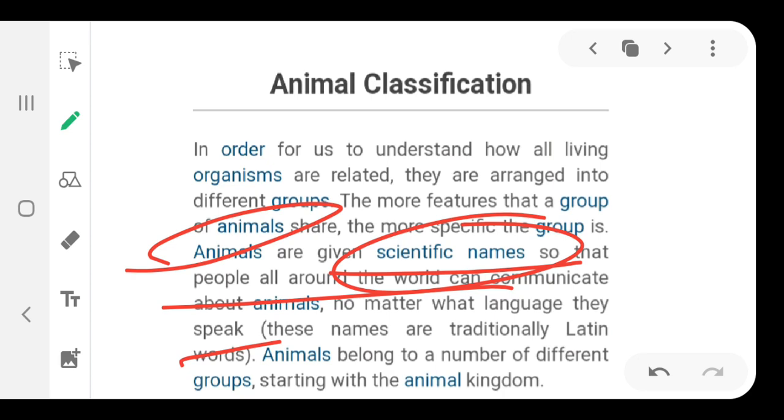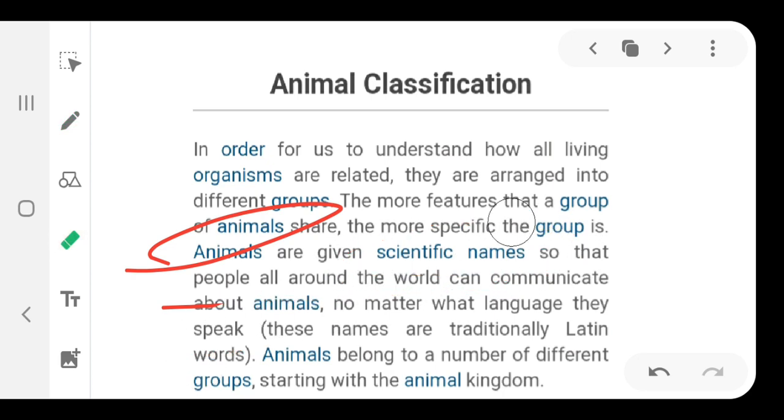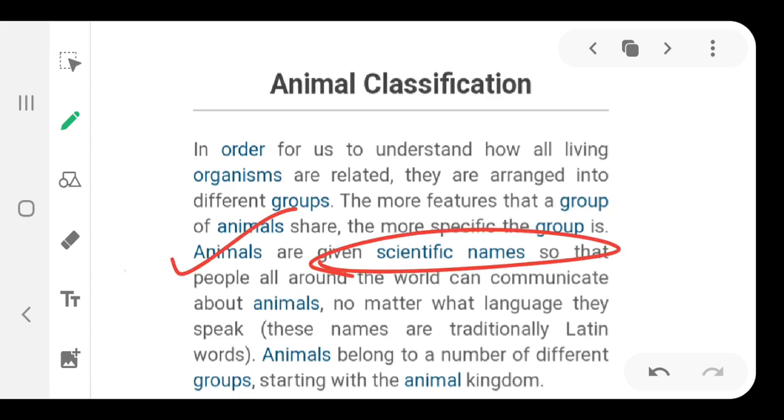So it helps them to study the animals according to their names. As we all have our own names, the same is the case for animals, that in order to make them better for study, they are given scientific names.